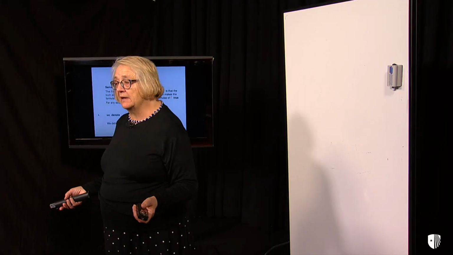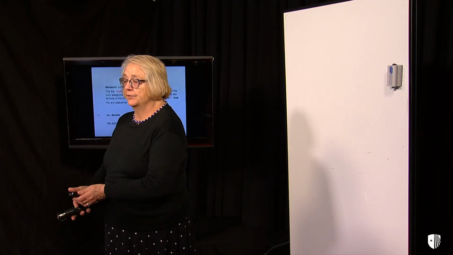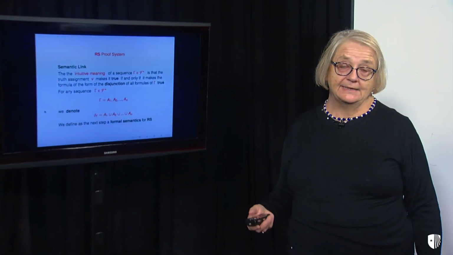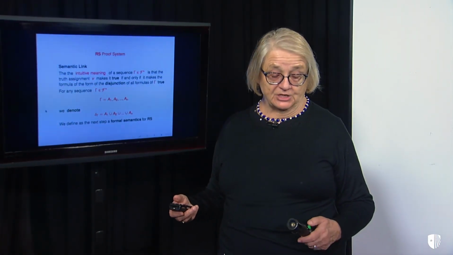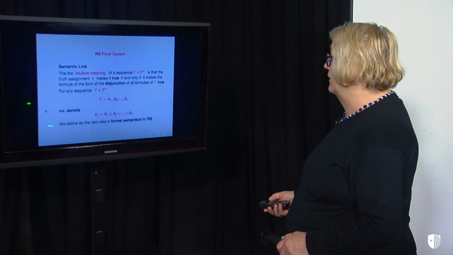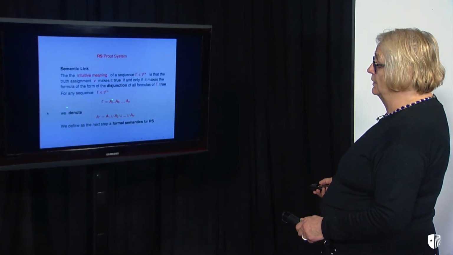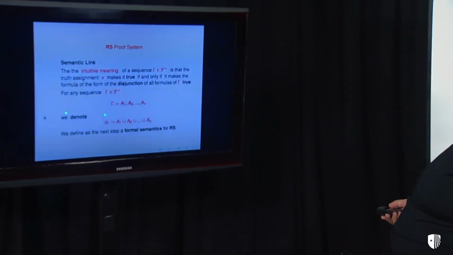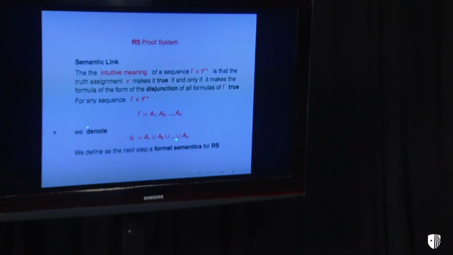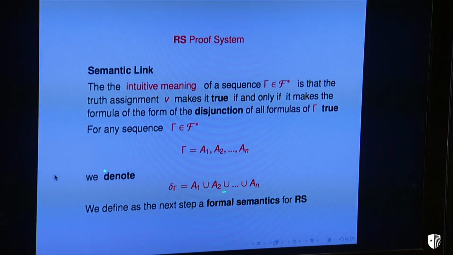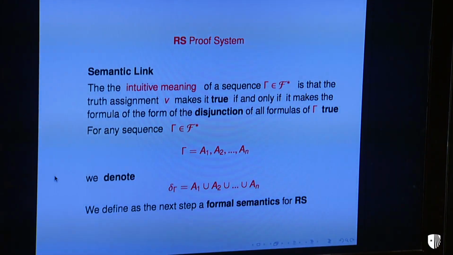So that is important to remember. And of course, you have semantic links because we want to prove completeness with respect to semantics. So we have to extend our semantics to the expressions. Gamma is a sequence of formulas, and we write delta gamma for the disjunction of all formulas in the sequence. So it's not really formal, but you think about the comma in the sequence as disjunction of all formulas.